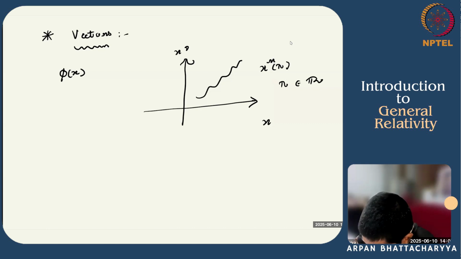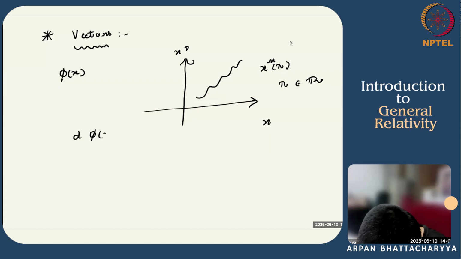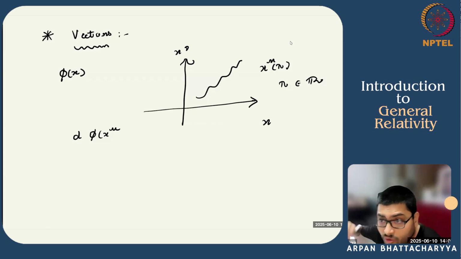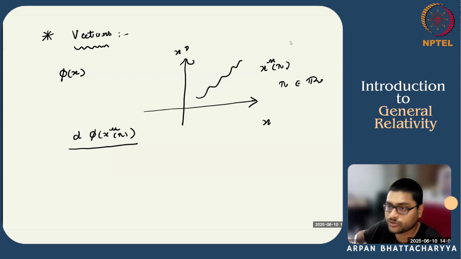Now we ask how this function changes over this curve. So what do we have to do to compute that? We have to calculate the directional derivative of this function, d phi around x mu, but we want to compute the change of this function over the curve. So this x mu is a function of lambda, to denote that we are considering the change over the curve, d by d lambda.